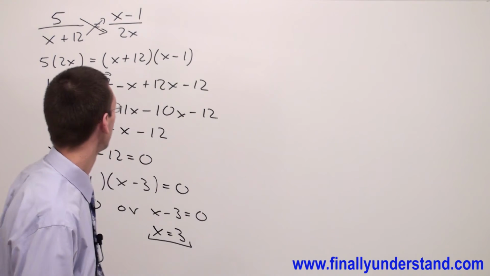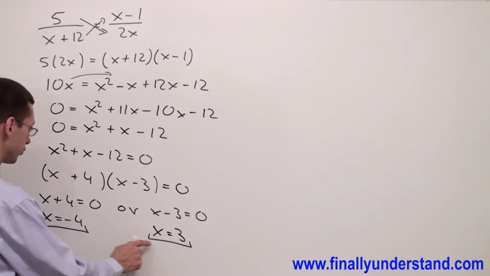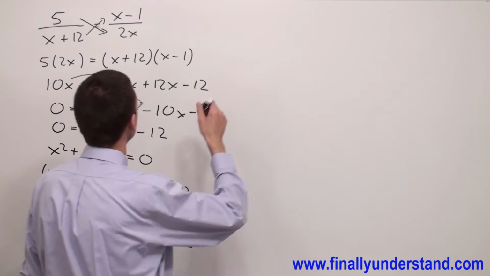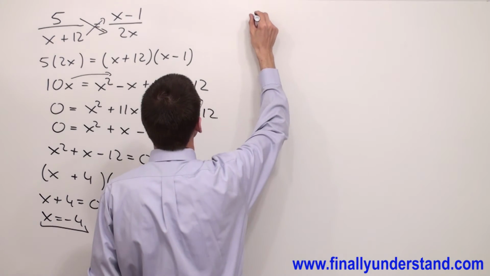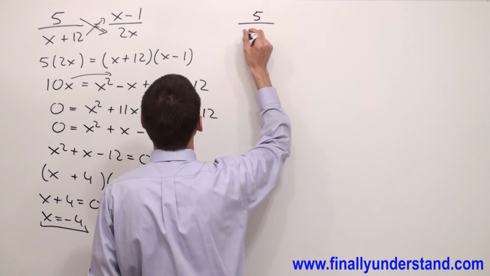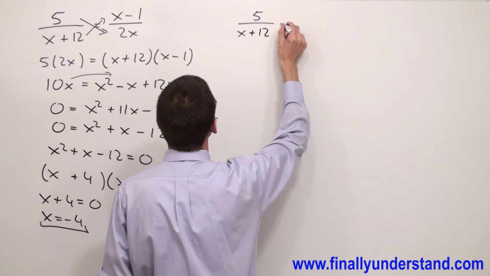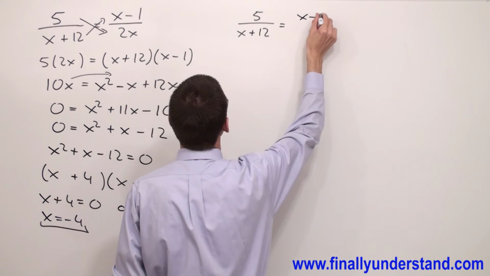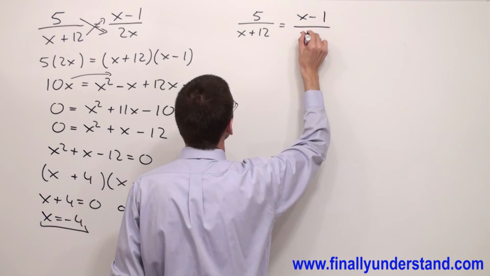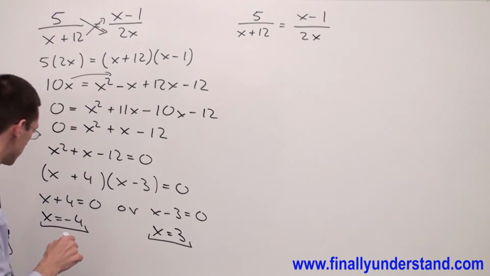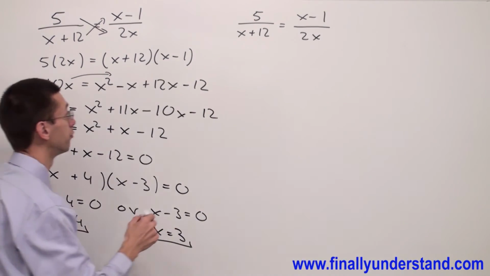So that's why I'm going to apply these two values of x to the original equation. So I have 5 over x plus 12 equals x minus 1 over 2x. And I'm going to substitute x by negative 4.